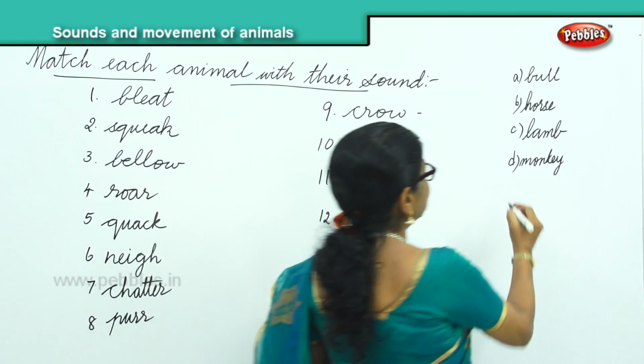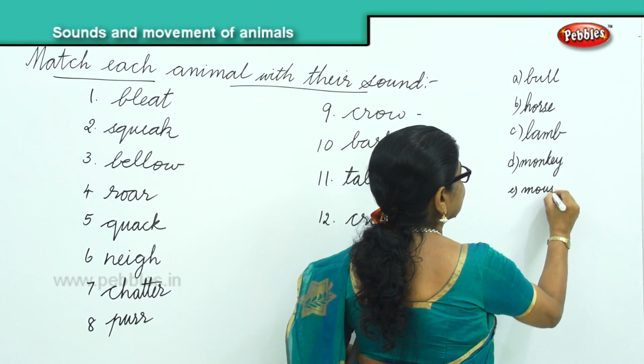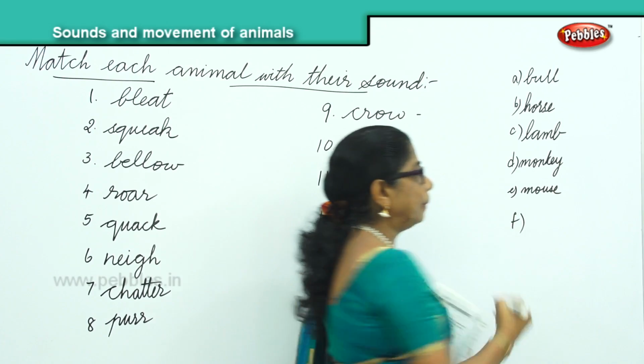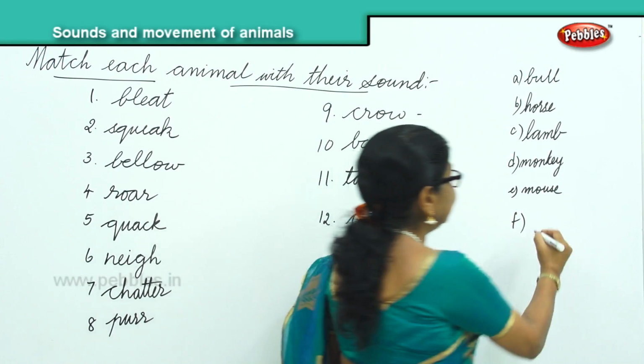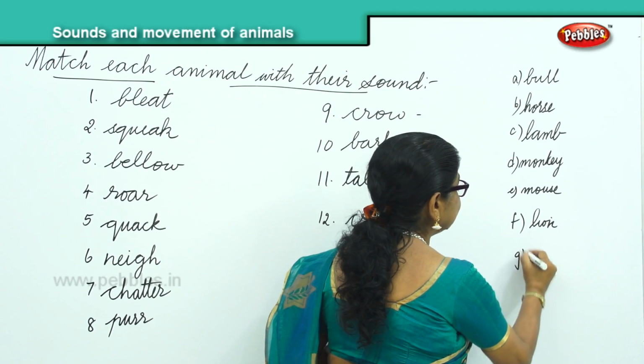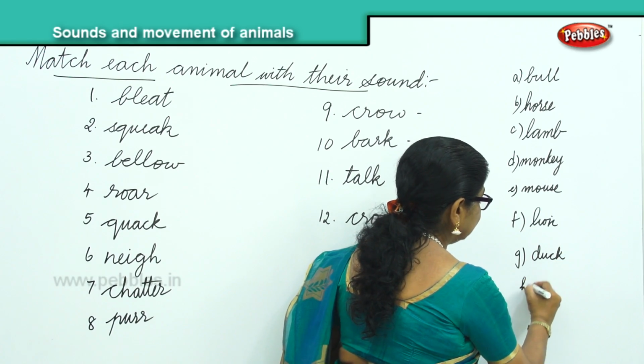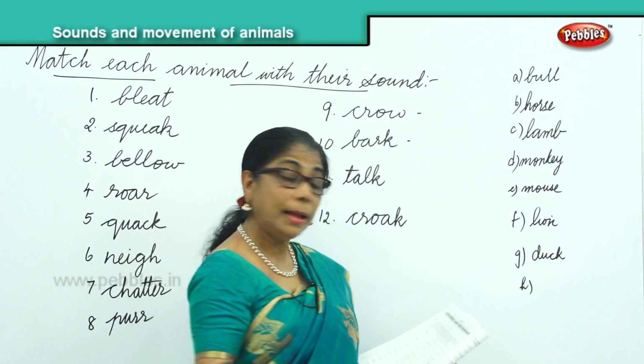Monkey, mouse. Then we have lion, you have duck, then you have person.